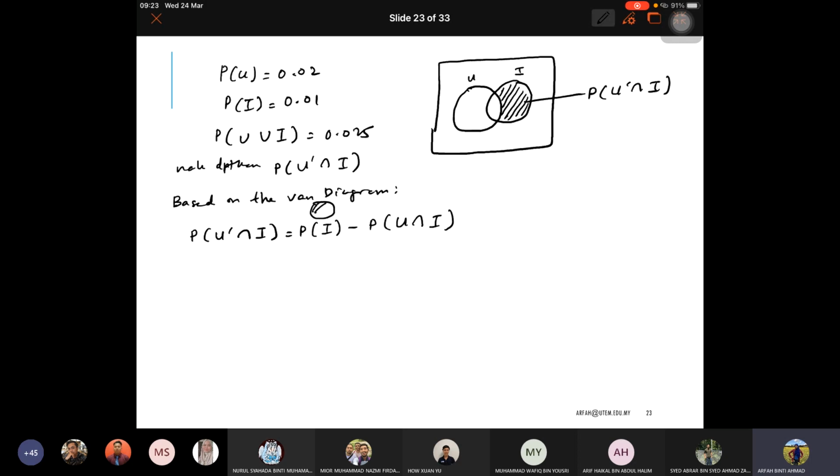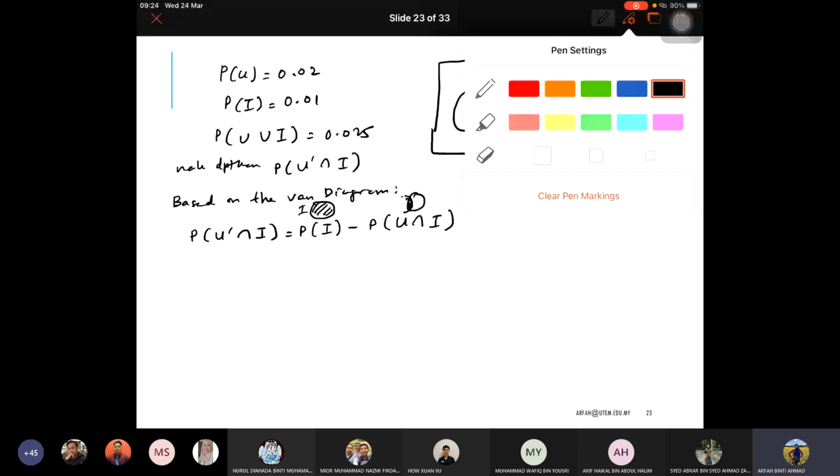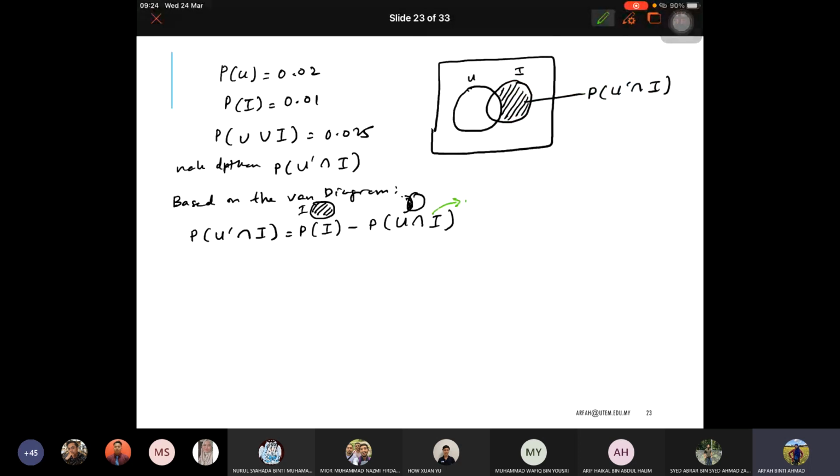So semua I yang bulat ni, tolakkan dengan yang intersect dengan U sikit ni. Okay. So baru dapatkan that one. U dan I, tapi soalan tak ada bagi. This one is not given.